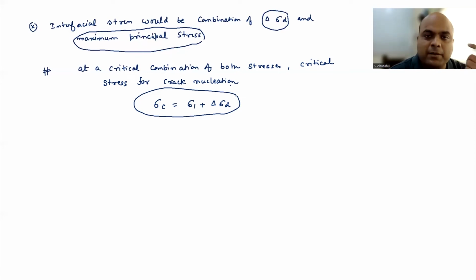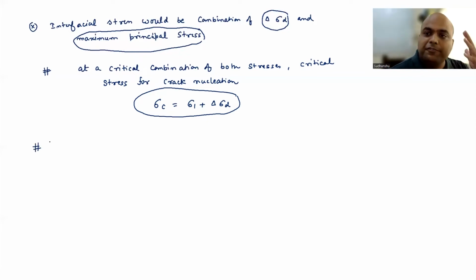So there will be strain incompatibility, and that will lead to the generation of GNDs, geometrically necessary dislocations. This is happening because there is a strain gradient between the particle and the matrix. And why is it happening? Because both the particle and the matrix exhibit different properties. One is harder, another one is softer, and the matrix is going to accommodate more strain as compared to the particle, right? So there will be a gradient of strain, and that will lead to the generation of GNDs.